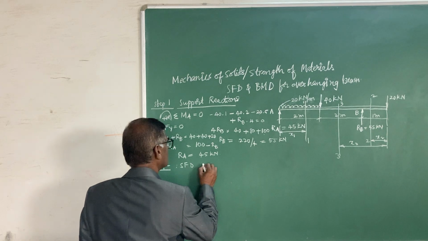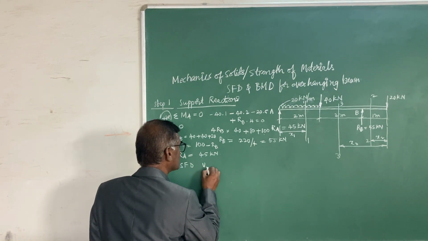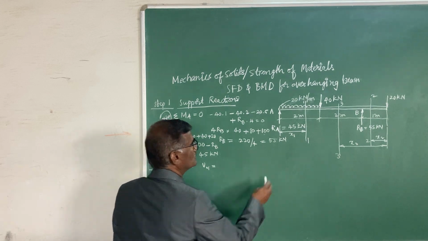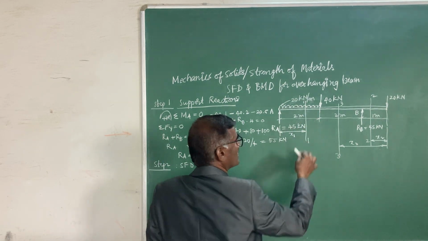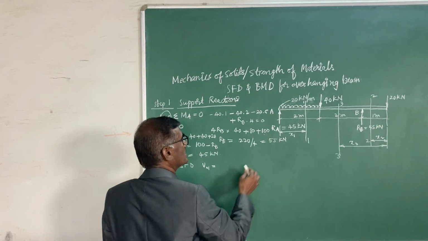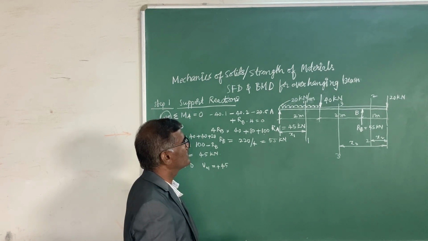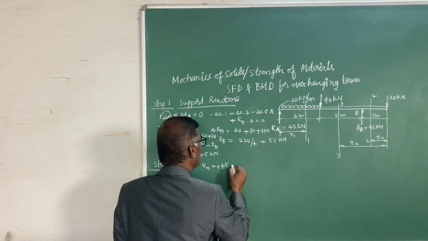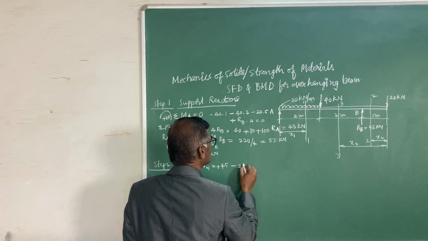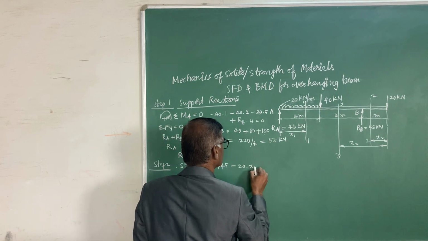Now your Vx1, V is the standard notation for the shear force. I am writing Vx1 equals, so this is my section, and 45 kilonewtons is contributing clockwise turning effect. Clockwise turning effect is positive, so your shear force is plus 45, whereas the UDL is contributing anti-clockwise turning effect and it is minus, so minus 20 into x1.